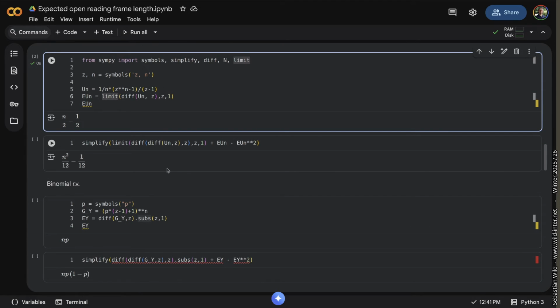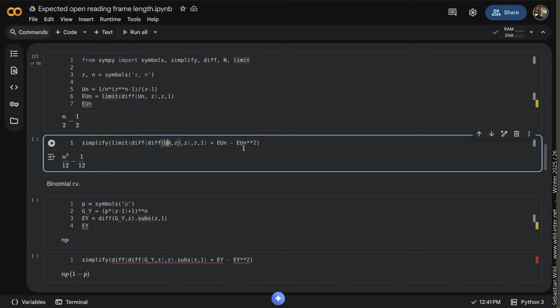I'm just showing this also to educate you about tools that are convenient to use. And you can take derivatives twice, add the expectation, subtract the square of the expectation. That's just from this variable here. And then you get the variance of the uniform distribution of the first n integers. Okay?